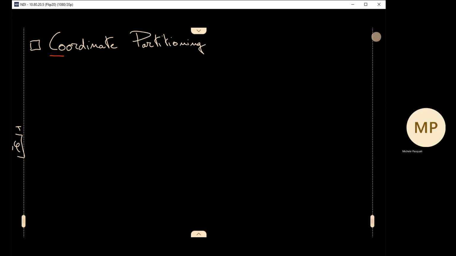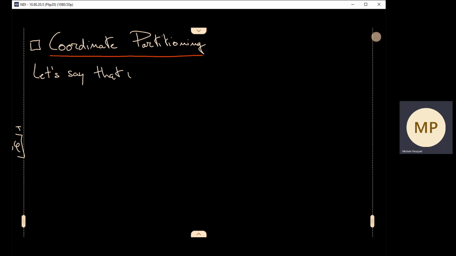Okay, so let's say that we have NC constraint equations. Please do not get confused.